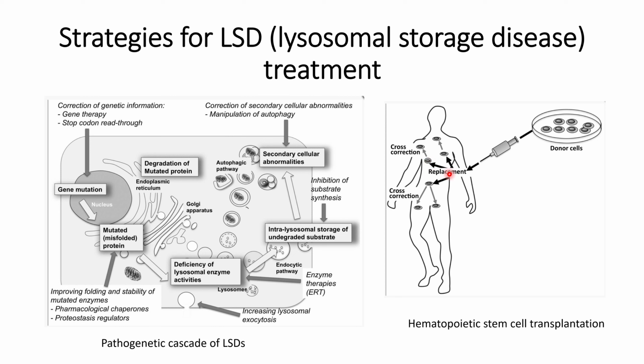First, it will try to replace the tissue that is abnormal within the patient. Another is that since the donor cells are healthy cells, they will secrete the lysosomal enzymes in the extracellular matrix, and these enzymes will be taken up by the abnormal cells of the patient, so that this lysosomal enzyme can work in those abnormal cells also.